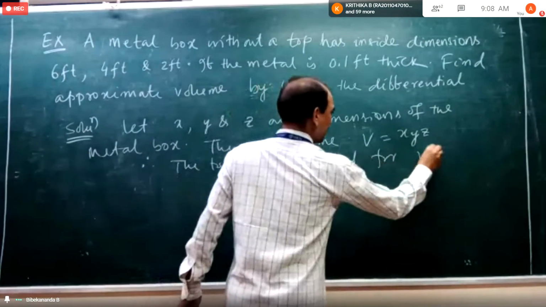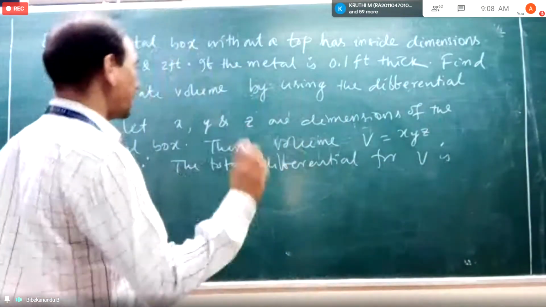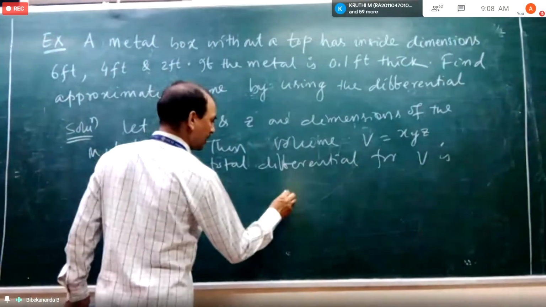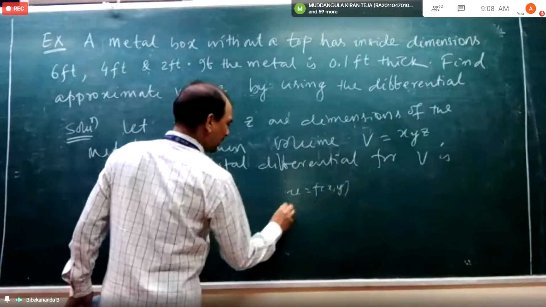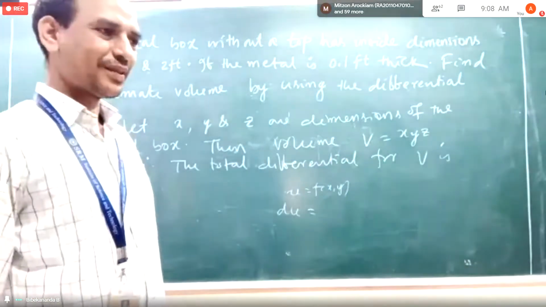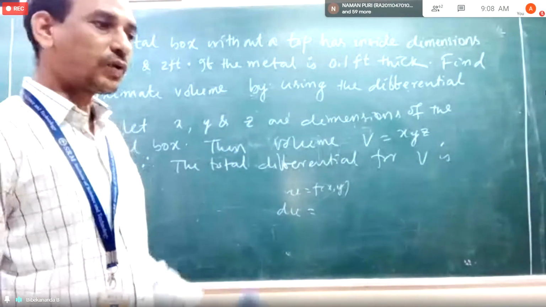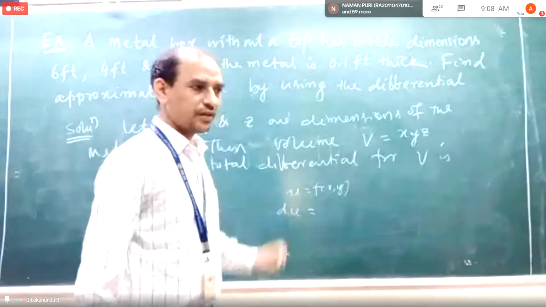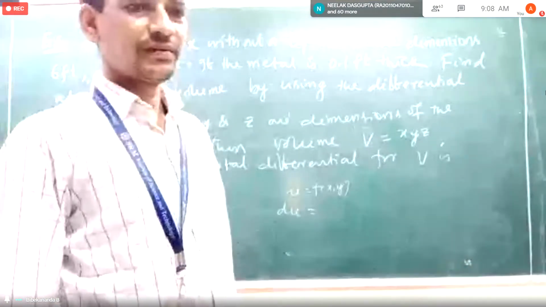Just see, if I have two variables, suppose U is a function of x and y, then how can we find du? Take your notebook and tell me. Total differential means only du. So what will be that? Dou U by dou x.